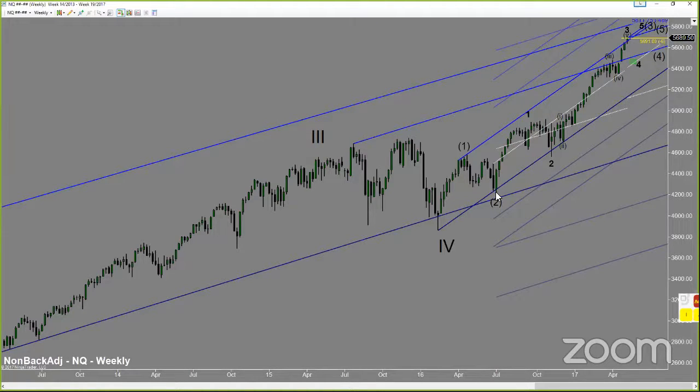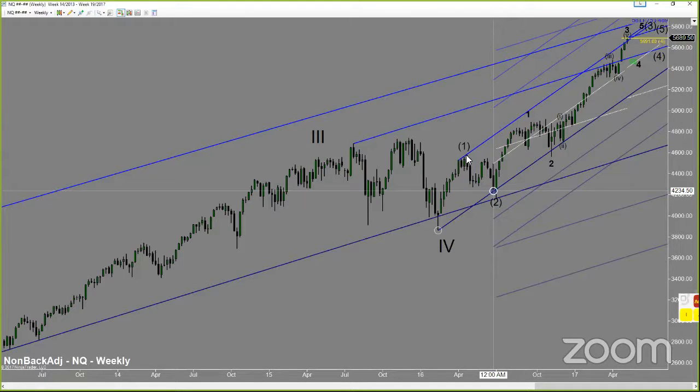I mean, I'm not connecting to the big wicks here. I'm not connecting to that big wick there. You see, I'm connecting to the low before the big wick. I'm basically connecting to the lowest low of the weekly bar that closes the lowest for wave 2.